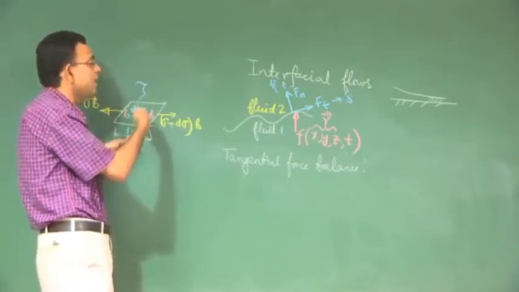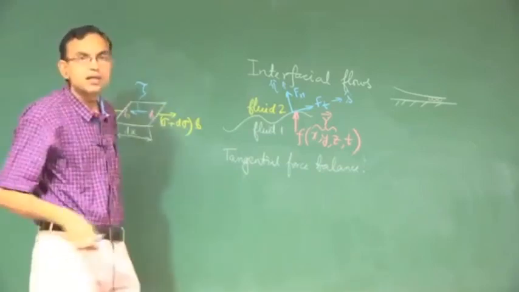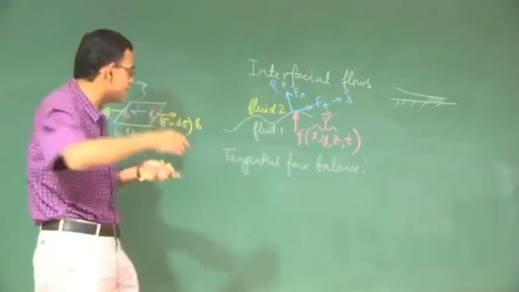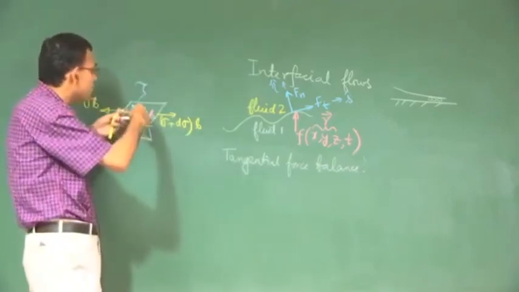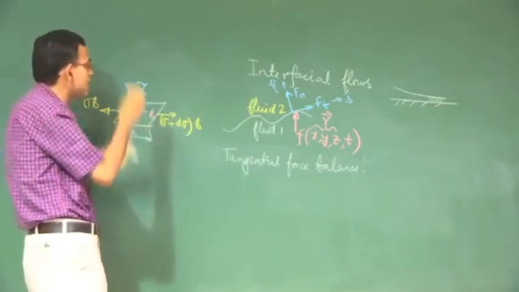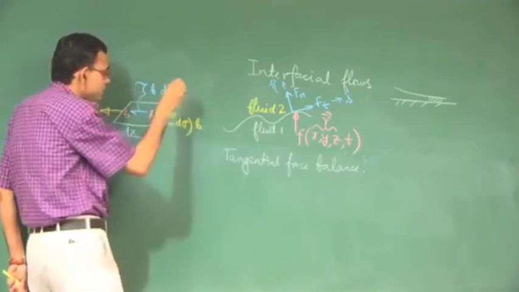So, this is effectively the shear stress from the other side if it is a liquid air or liquid vapor interface. If there are two liquids on the two sides, you have to very judiciously calculate the difference in shear stress and that is the tau here. So, tau into b into dx.